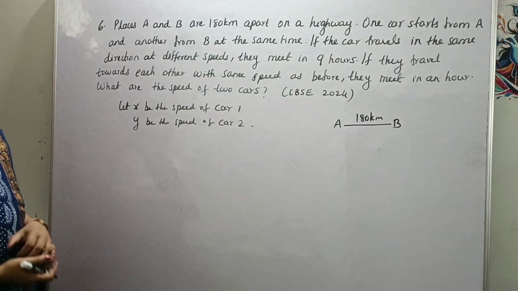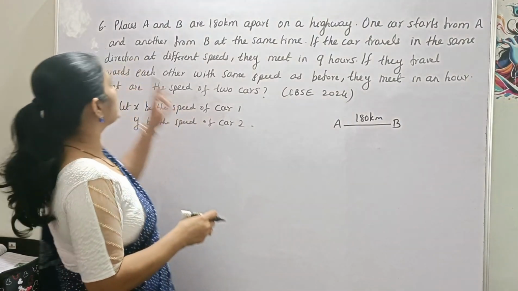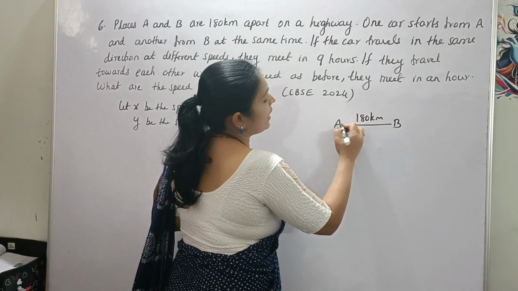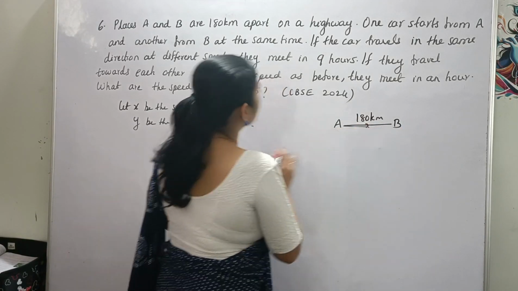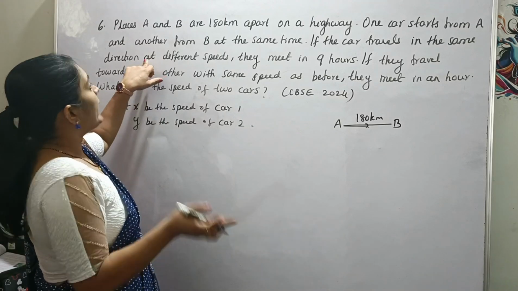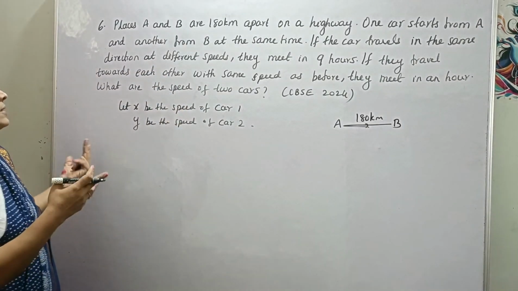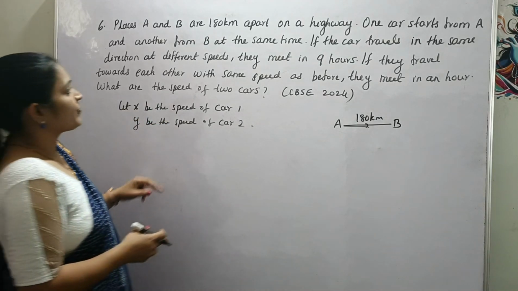Next, see, it is given that if the cars travel in the same direction, suppose this car travels in this direction, in the same direction at different speeds, that is, here we have taken X as the speed of car 1 and Y as the speed of car 2.